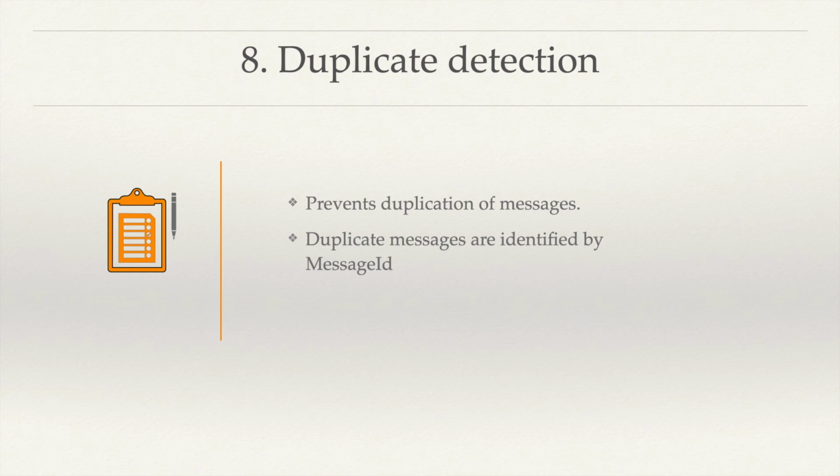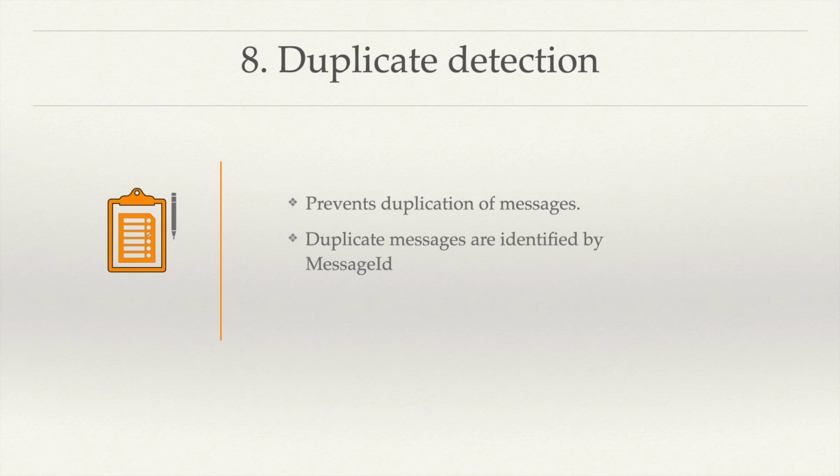In such cases, to avoid that scenario, you can leverage the Azure Service Bus feature called duplicate detection. Duplicate detection prevents the duplication of messages, and duplicate messages are identified by the message id.